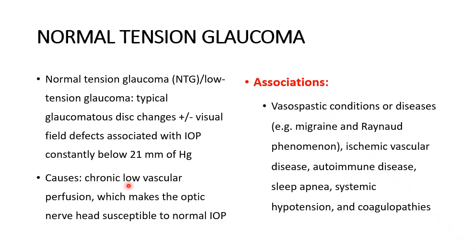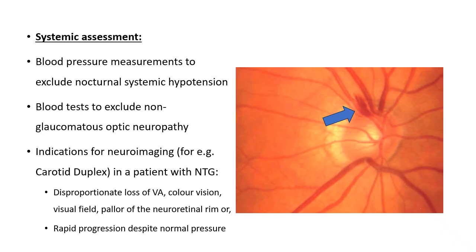So there can be chronic low vascular perfusion, which makes the optic nerve head susceptible to even normal IOP. This chronic low vascular perfusion is known to be associated with vasospastic conditions like migraine and Raynaud, ischemic vascular disease, autoimmune disease, obstructive sleep apnea, systemic hypotension, and coagulopathies. So normal tension glaucoma may be something that requires a systemic evaluation.